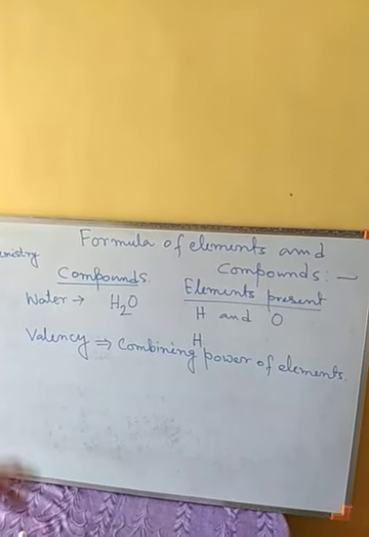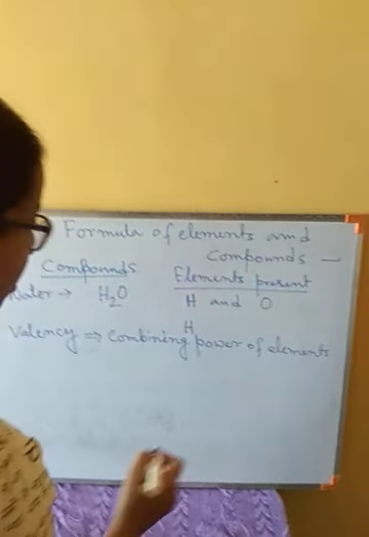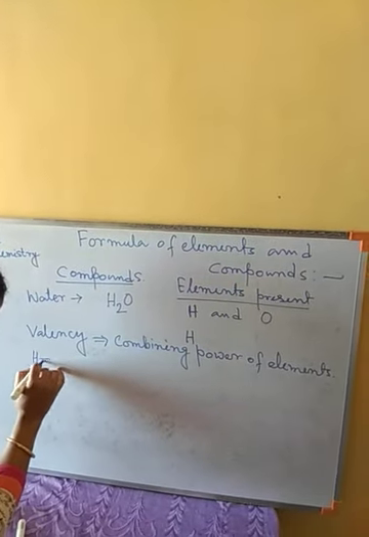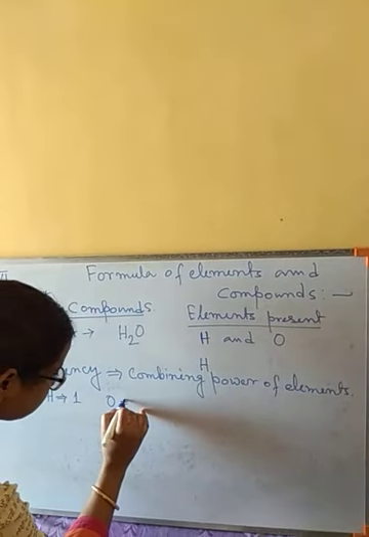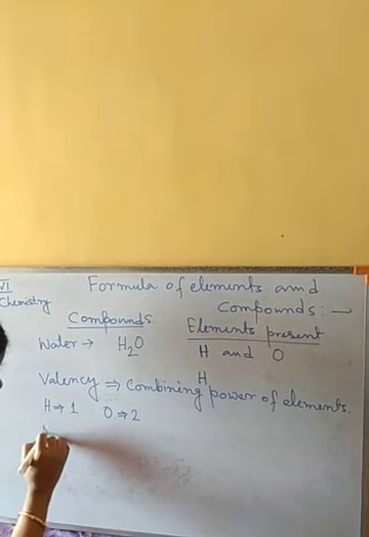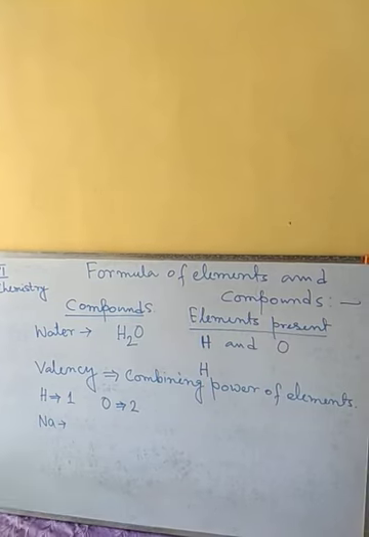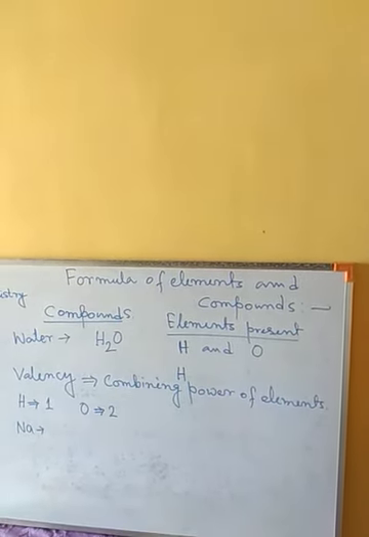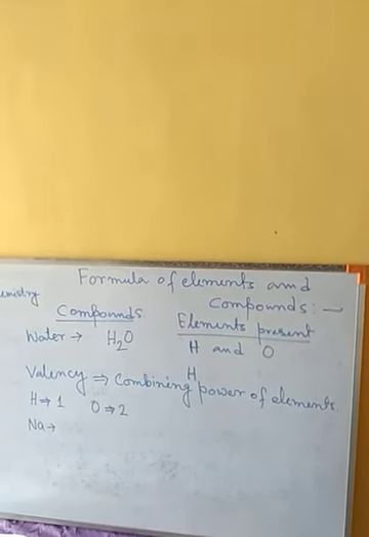Let me write a few valencies. Hydrogen, this is 1. Oxygen, combining power of oxygen is 2. Like sodium, I am writing a few, and these are given also in your book. See, student activity, page number 47. In student activity, a few combining powers are given, so that we will discuss.